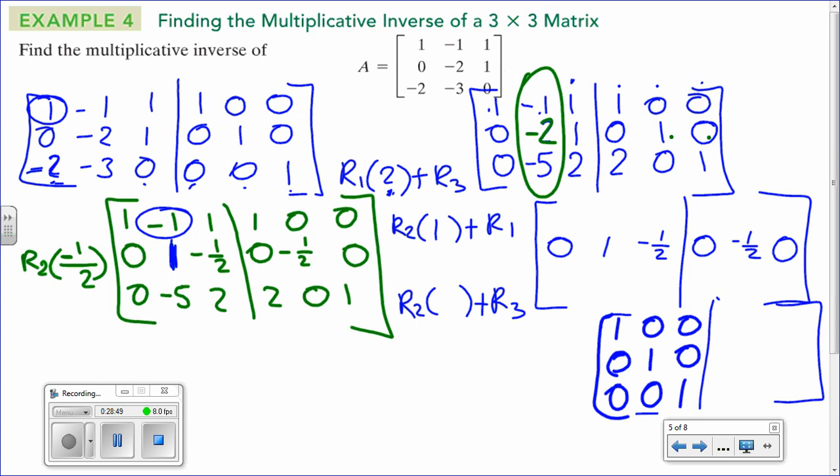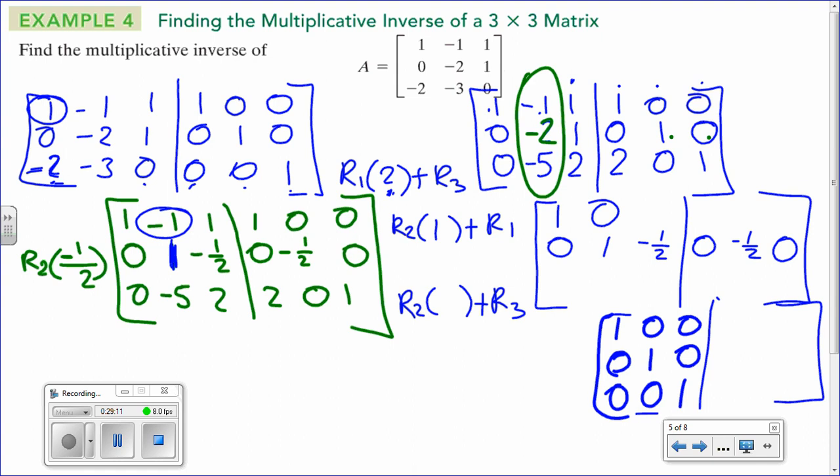Now right here. 1 plus 0? 1. Negative 1 plus 1? 0. Okay. 1 minus 1/2?